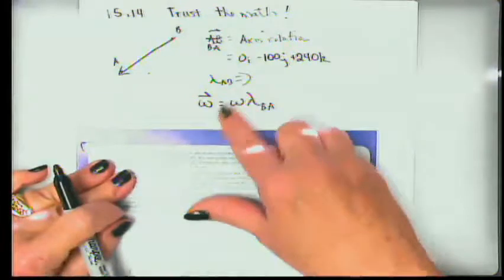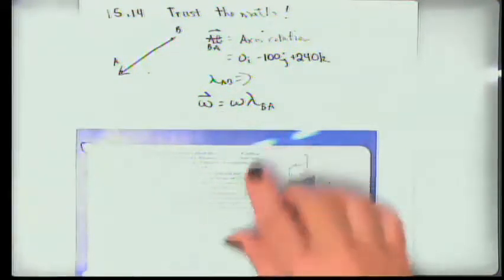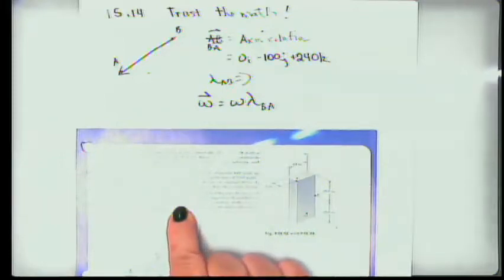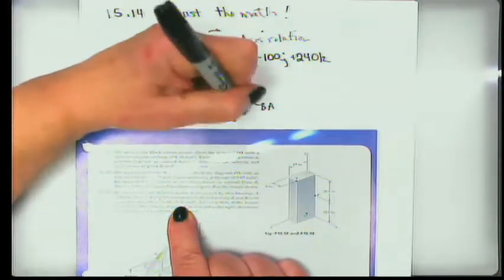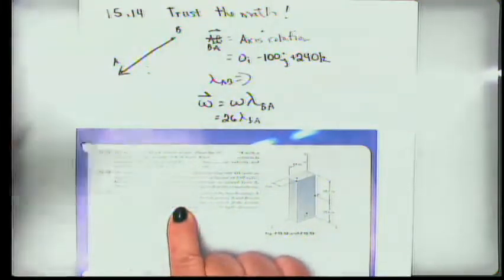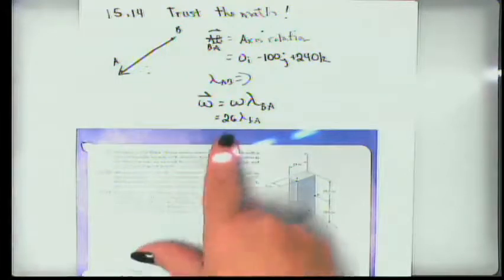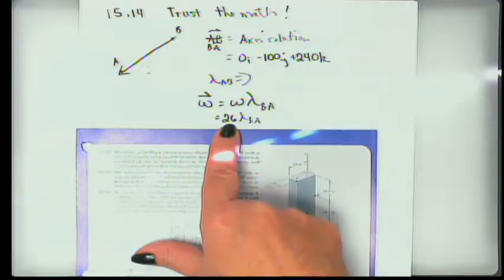So once I find lambda of BA, I'm told that I have a constant angular velocity of 26 radians per second. So that's given in the problem. And so I can do that, and I'll come out with a vector expression for my omega in XYZ coordinates or IJK coordinates.